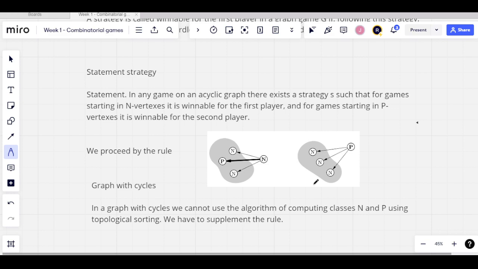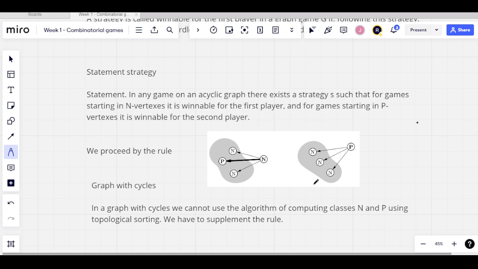We have already understood that if we have an acyclic graph, we can find whether the first player wins or not in some state.